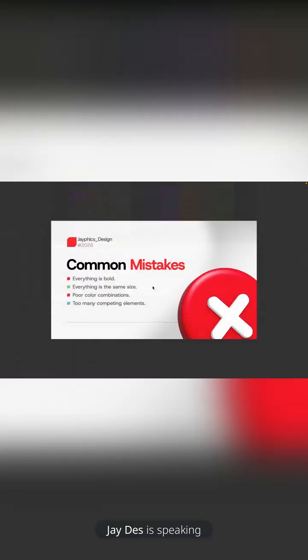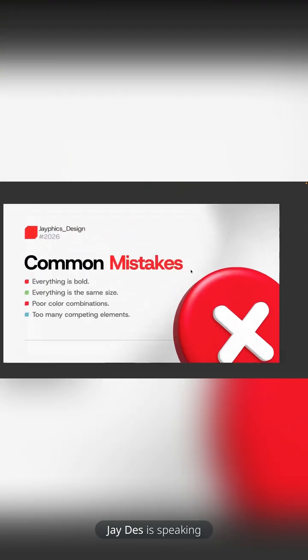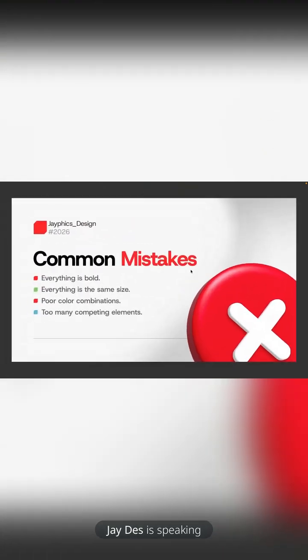Okay, common mistakes I see most designers make is they make everything just big and bold. They make all their text the same size, poor color combinations, too many competing elements. This is also important. A bunch of elements are not even needed on your design, except for when your client requests it.